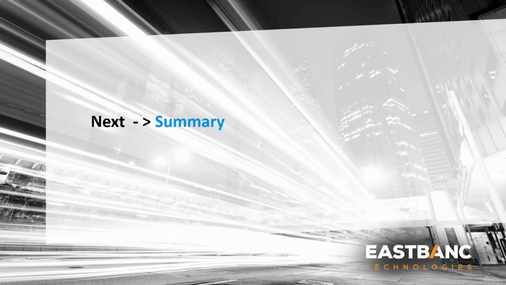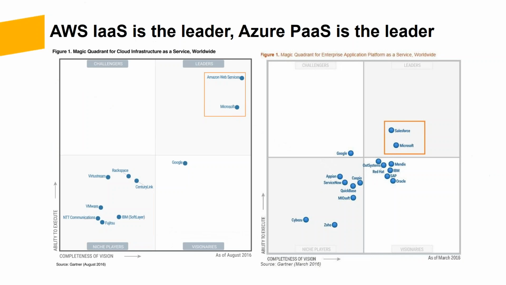Okay, so are you ready for the summary? Which is the best, right? I just pulled these 2016 diagrams. Maybe you've seen them before. It's the famous consultancy, Gartner. They do analysis comparing different services.